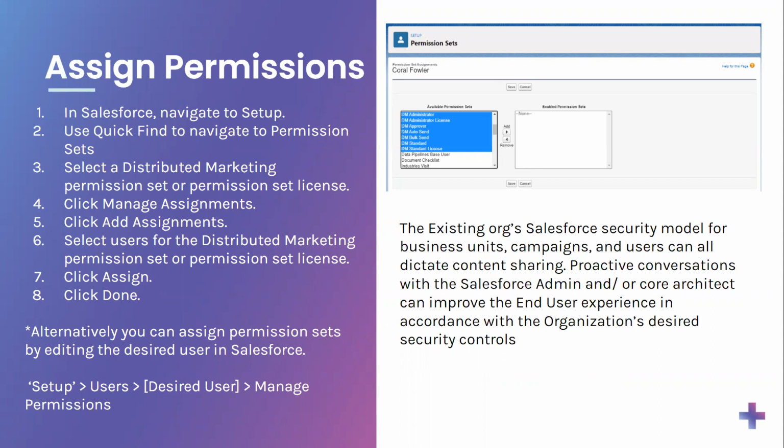The existing org's Salesforce security model for business units, campaigns, and users really can all dictate content sharing. So proactive conversations with the Salesforce admin and or core architect can really improve the end user experience in accordance with the organization's desired security practices.